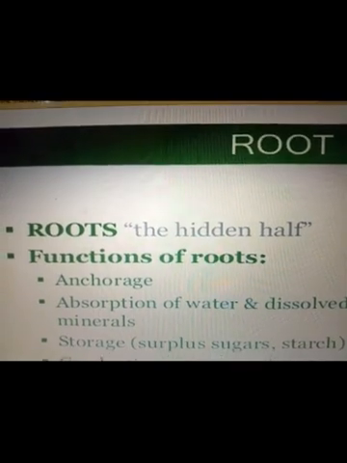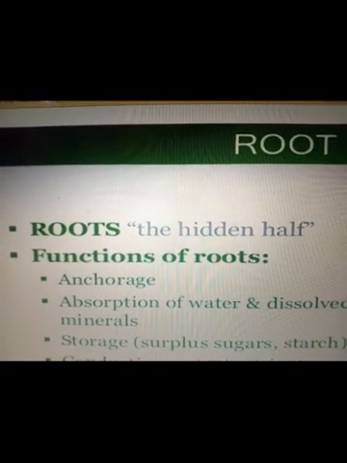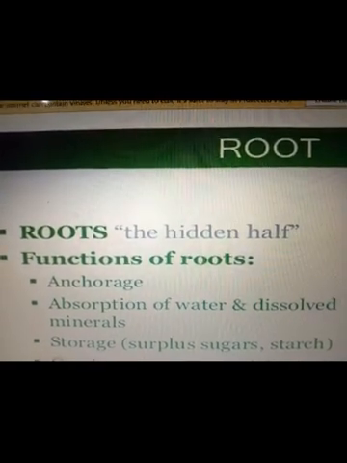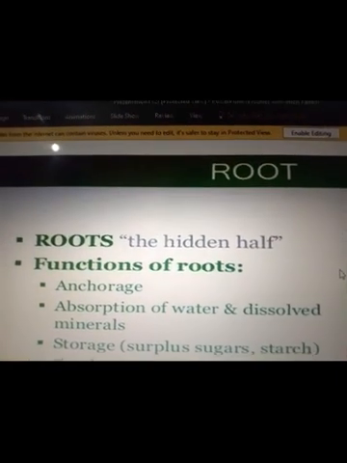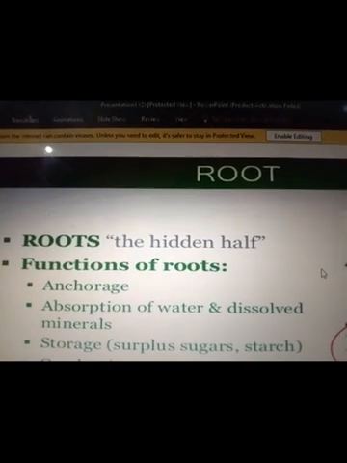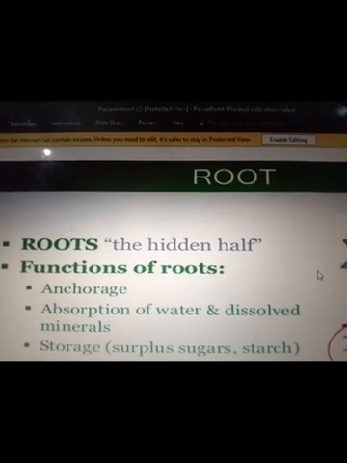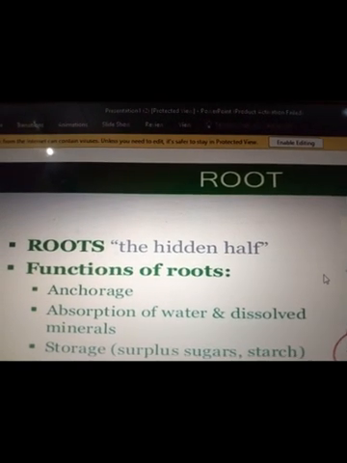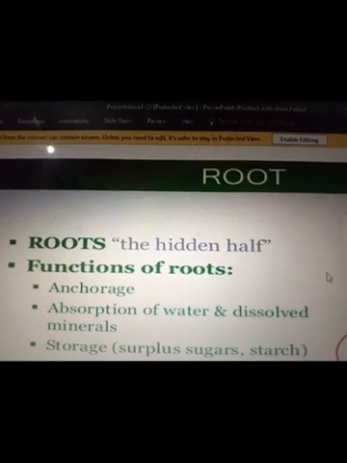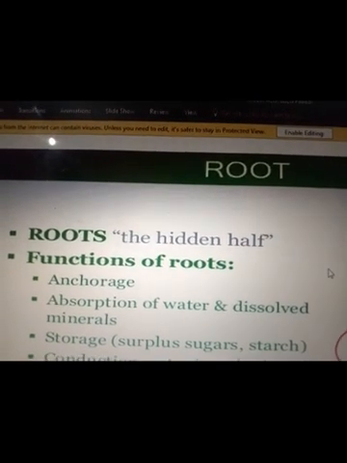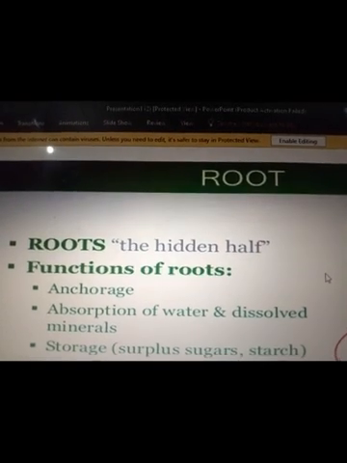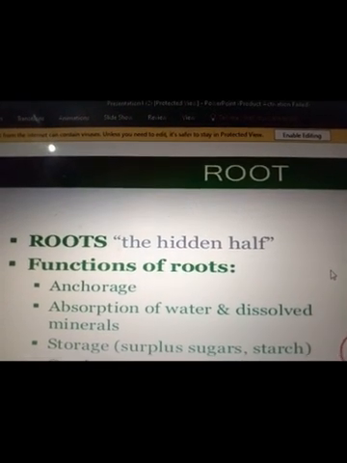And third, the roots store food produced by the plants, like starch and sugars. Starch is made up of glucose, which acts as food, or you can say energy, for plants.